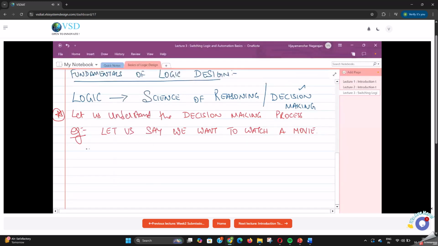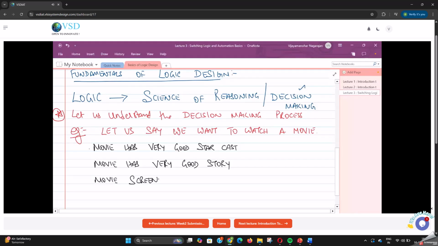Let's say the movie has a very good star cast. Your favorite hero, your favorite heroine is acting there. Or the movie has a very good story. Or the movie screenplay is very good.